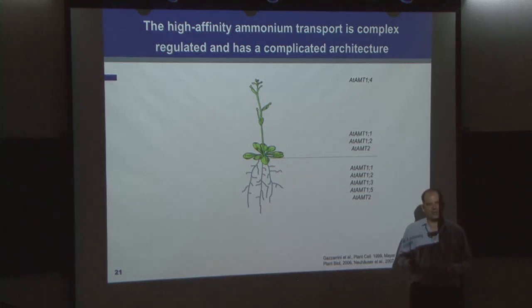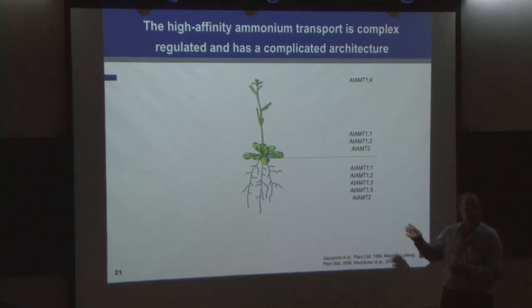So there are many disadvantages with using this plant, but still, we learned quite a lot from this plant, and some data I want to share with you today. And some data that I want to share with you now is, yeah, where do we find ammonium transporters?